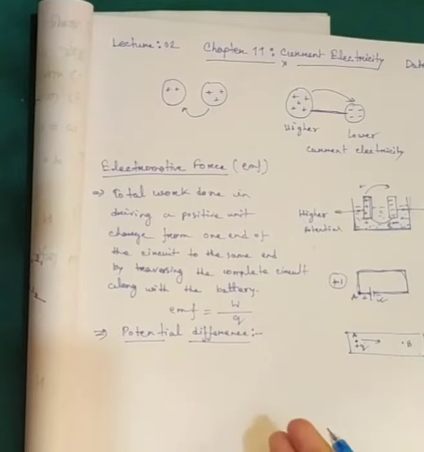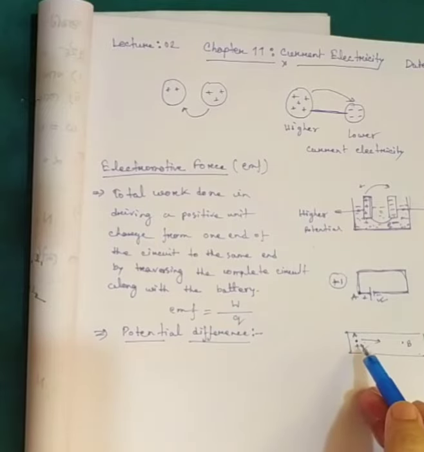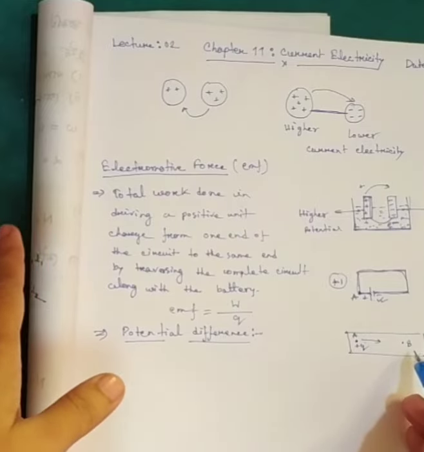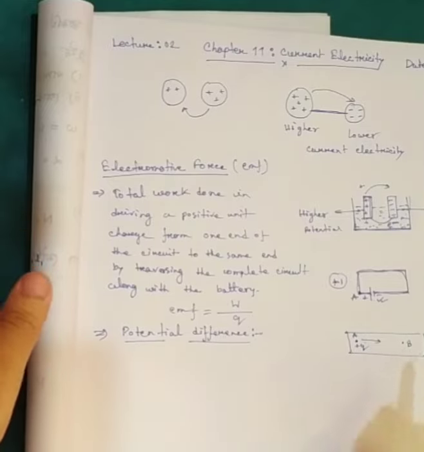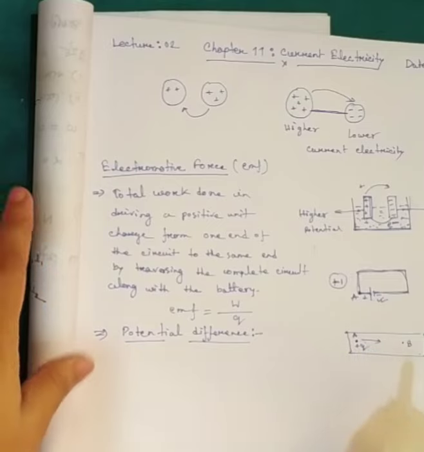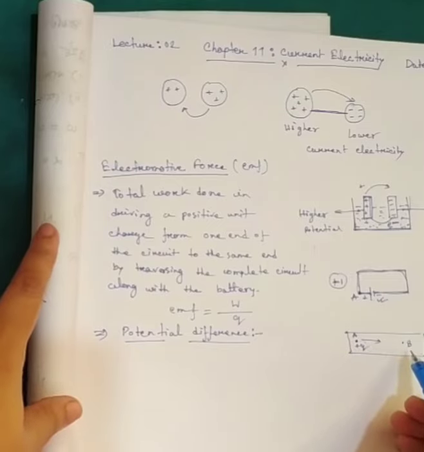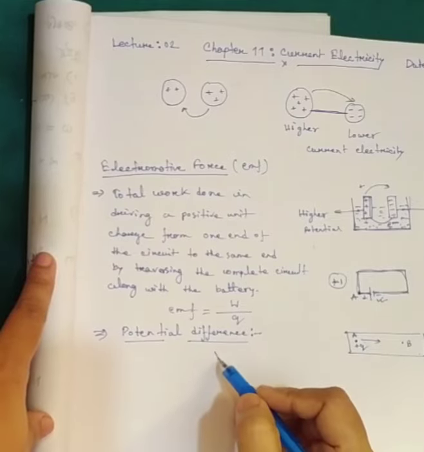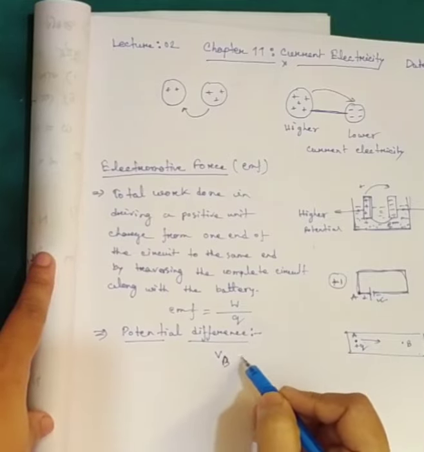difference. The amount of work done to bring a positive unit charge from one point of an electric field to another point is called potential difference. যদি এ পয়েন্ট থেকে বি পয়েন্টে একটা ইউনিট চার্জকে নিয়ে যেতে চাই, এক্ষেত্রে potential difference হবে VB minus VA.